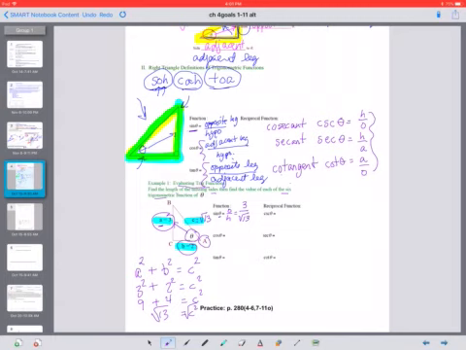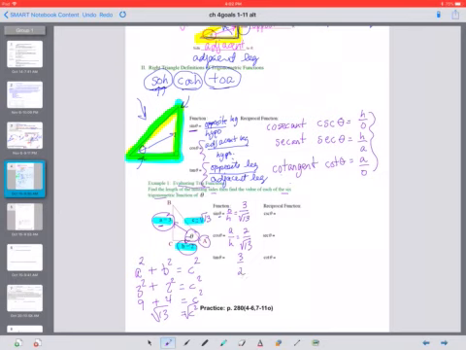I'm okay with the denominator having a radical in it for now. Cosine of theta, we know, is adjacent over hypotenuse. The leg adjacent to theta is 2 over our hypotenuse, the square root of 13. And lastly, we know that tangent is the opposite leg over the adjacent leg, so 3 divided by 2.